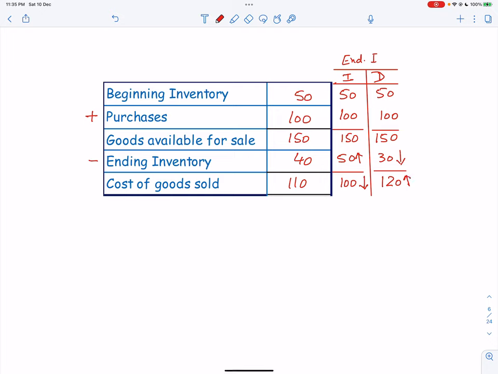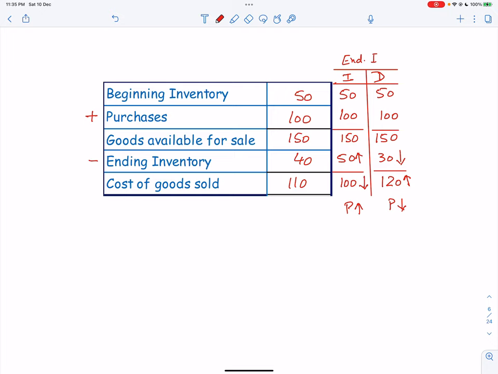So what we can conclude is that if ending inventory increases, then cost of goods sold decreases, and this will increase the profit. And if the ending inventory decreases, the cost of goods sold increases, and this will decrease the profit.